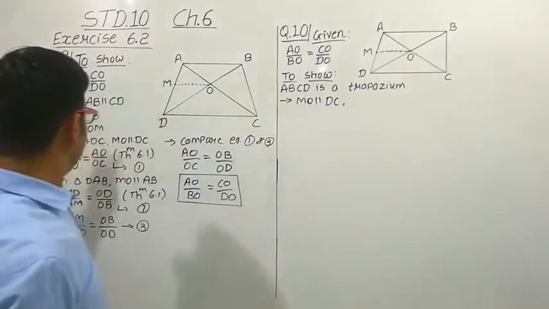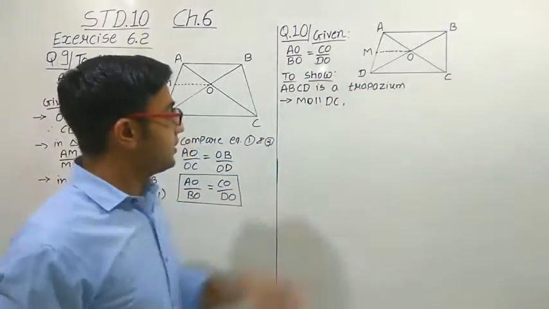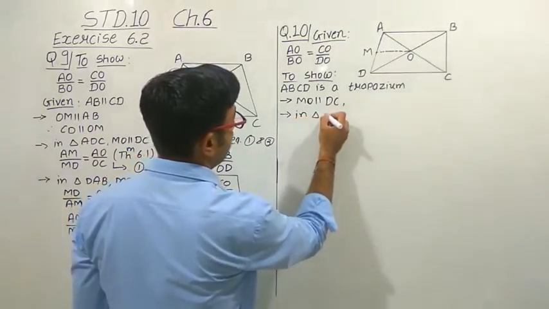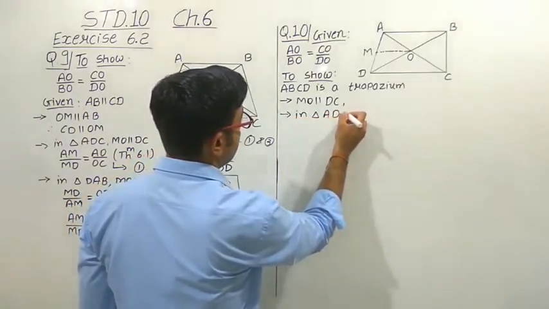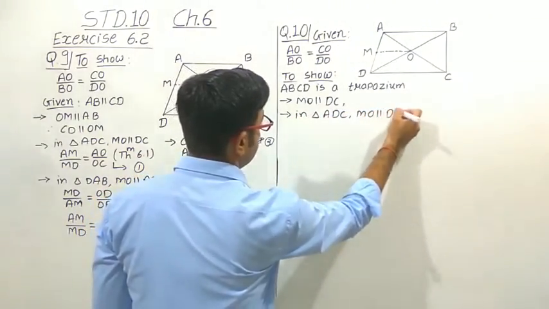Okay, now in the same way, like here we considered triangle ADC, here also we can consider triangle ADC. So in triangle ADC, MO is parallel to BC.